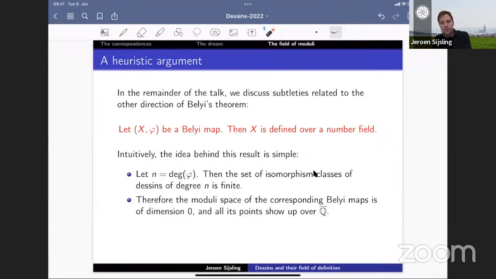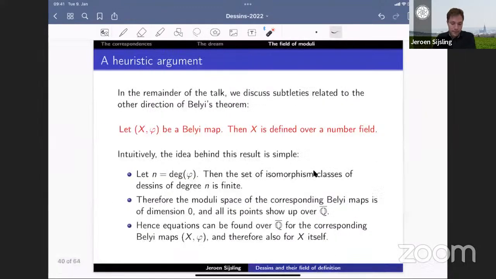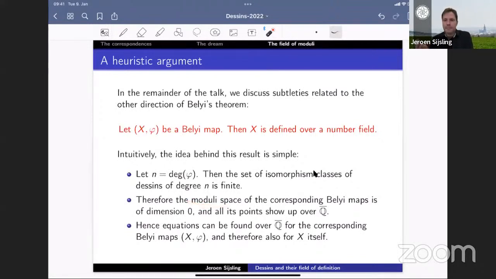So you just look at its moduli space, and it's of dimension 0, and all its points show up over Q bar, and the fact that they all show up over Q bar means that you can find equations for the Belyi maps and for X itself. That is what the intuitive argument is. But there are, of course, gaps in this argumentation. Is there a moduli space of Belyi maps? How do you make it precise at all?